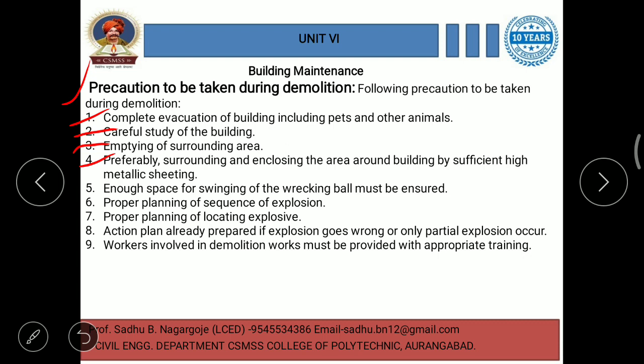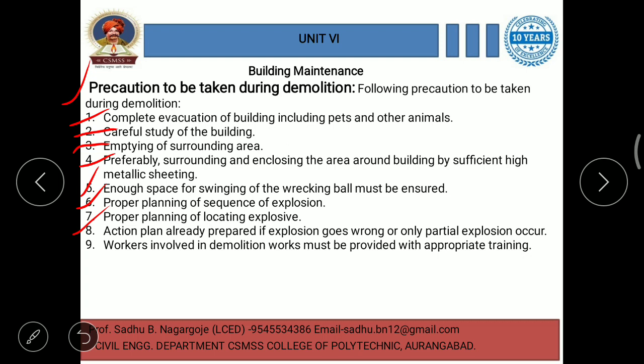Then enough space for swinging of the wrecking ball must be ensured. Then proper planning of sequence of explosion is again necessary. The direction of explosion and explosive material must be considered. Then proper planning of locating explosive is again important.